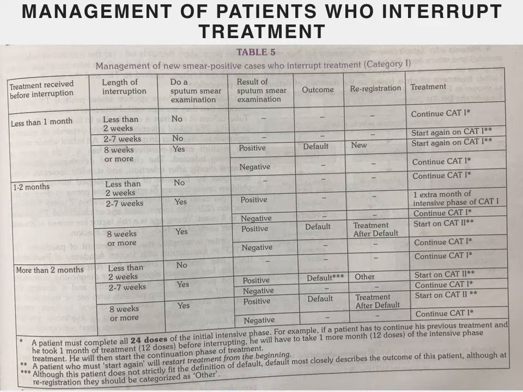But in certain cases, a patient who must start again will restart treatment from the beginning. And in certain cases, although this patient does not strictly fit the definition of default, default most closely describes the outcome of this patient, although at re-registration they should be categorized as others.